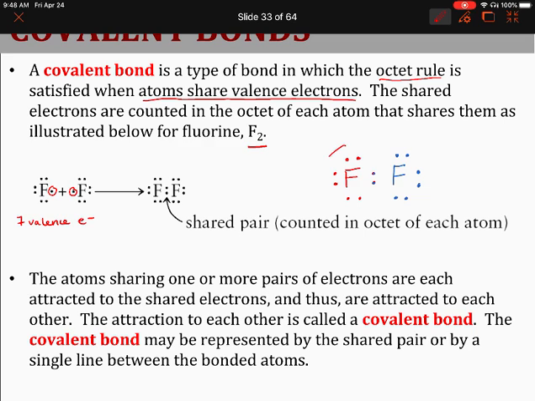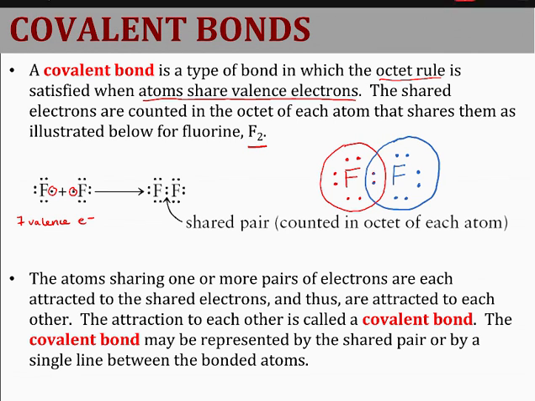So we could draw a circle around the fluorine on the left with its octet of electrons, so it has 2, 4, 6, 8 electrons. But those shared electrons also belong to the fluorine on the right. So that fluorine also has 8 valence electrons, 2, 4, 6, 8. And so this would be our fluorine molecule.